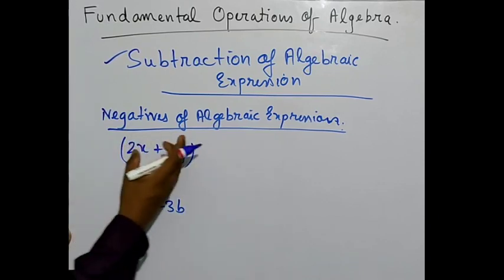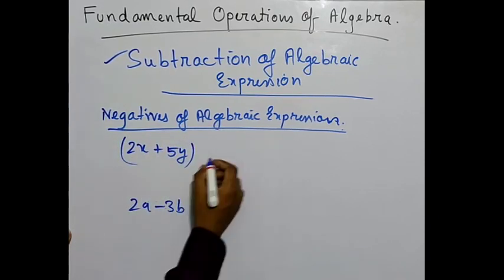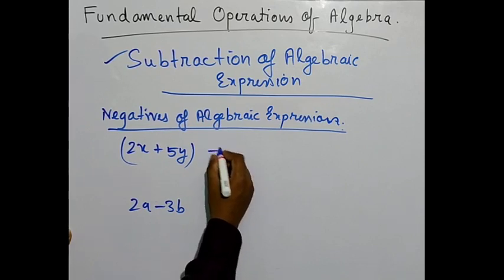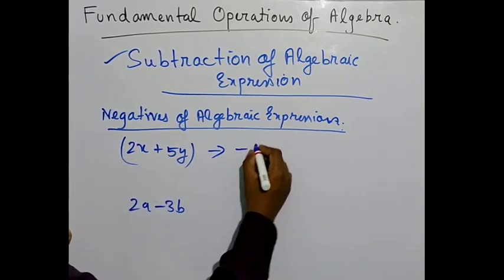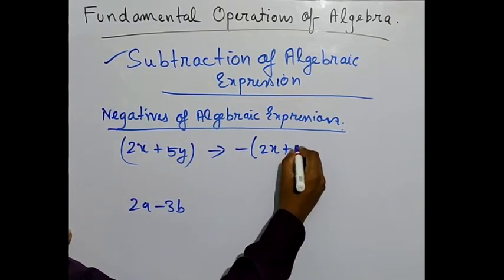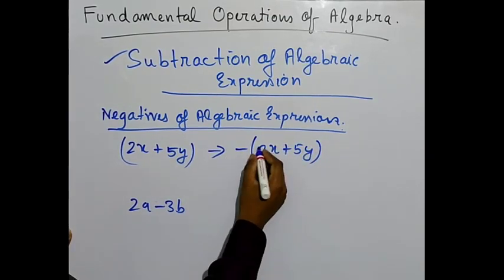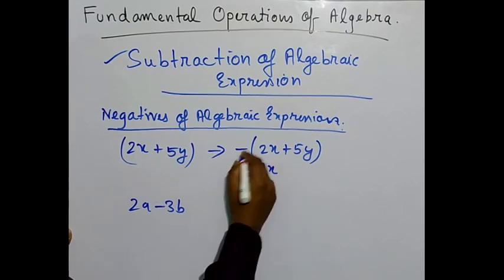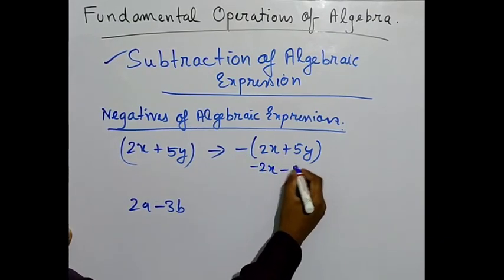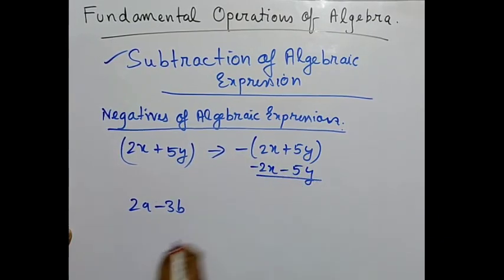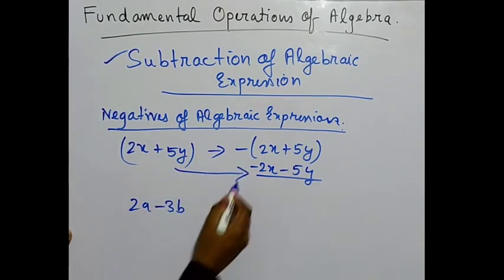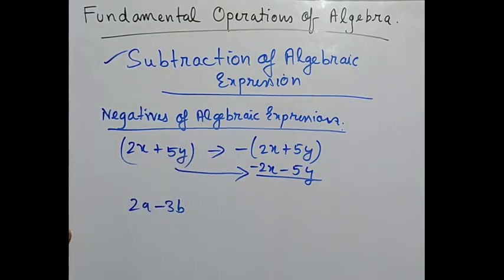It is positive 2x plus 5y. So the negative of this algebraic expression will be negative of 2x plus 5y. Now negative sign is common. You can open the bracket. So negative and positive will give you negative 2x. Negative and positive will give you negative 5y. So this is the negative of 2x plus 5y.